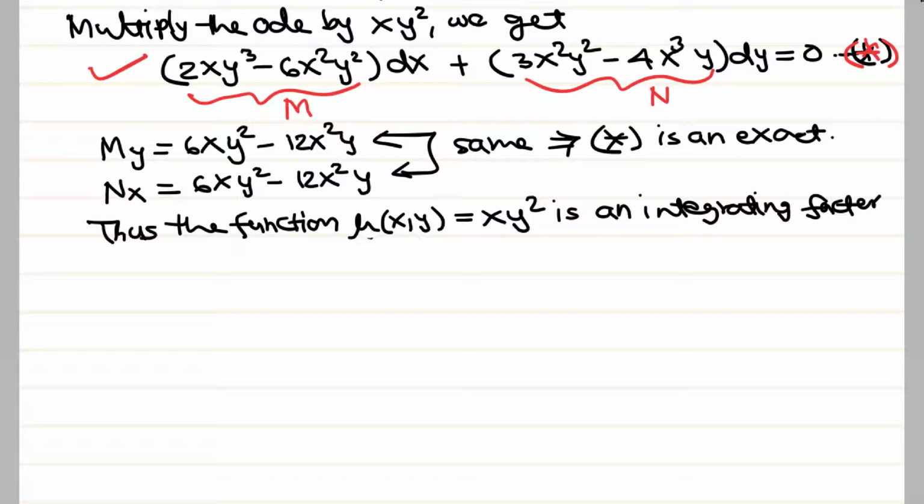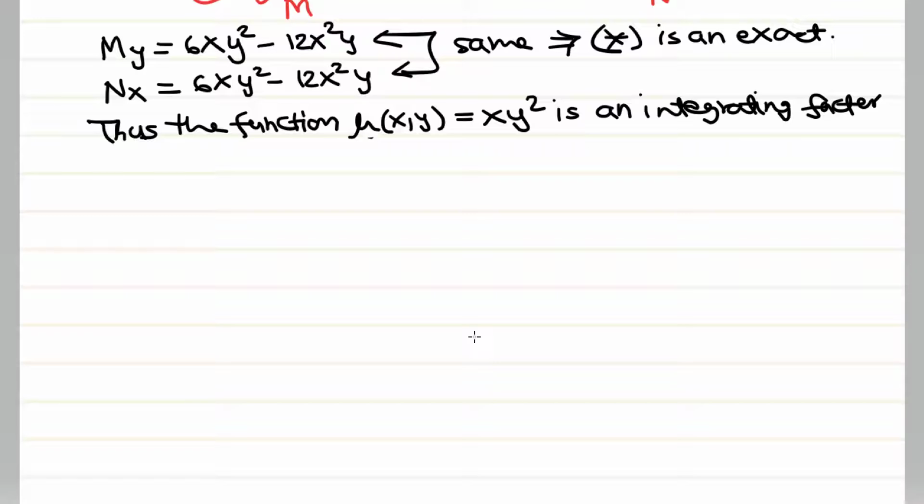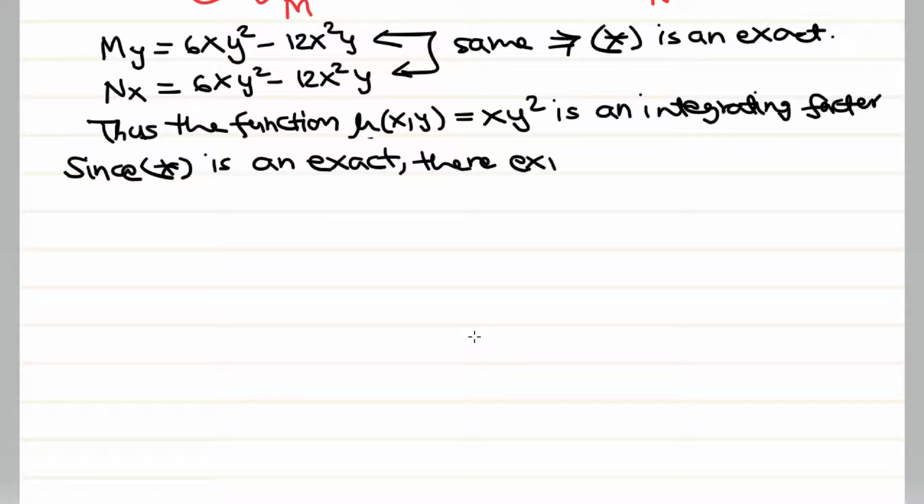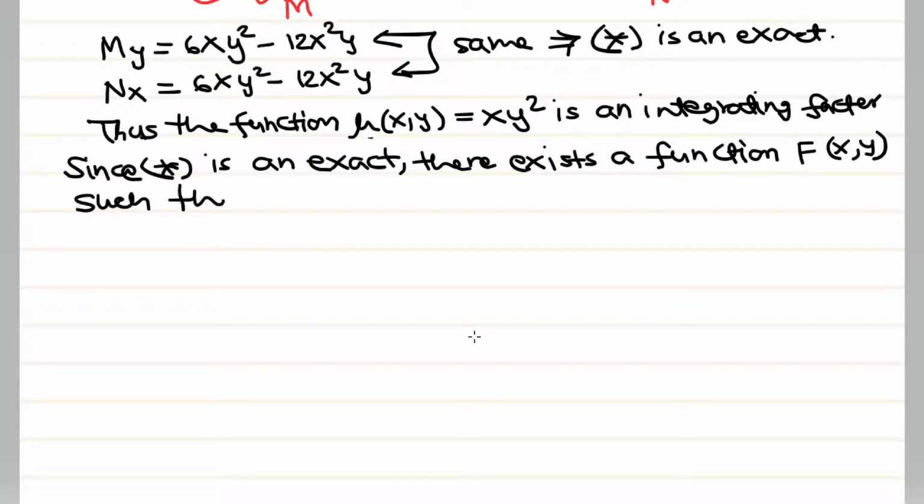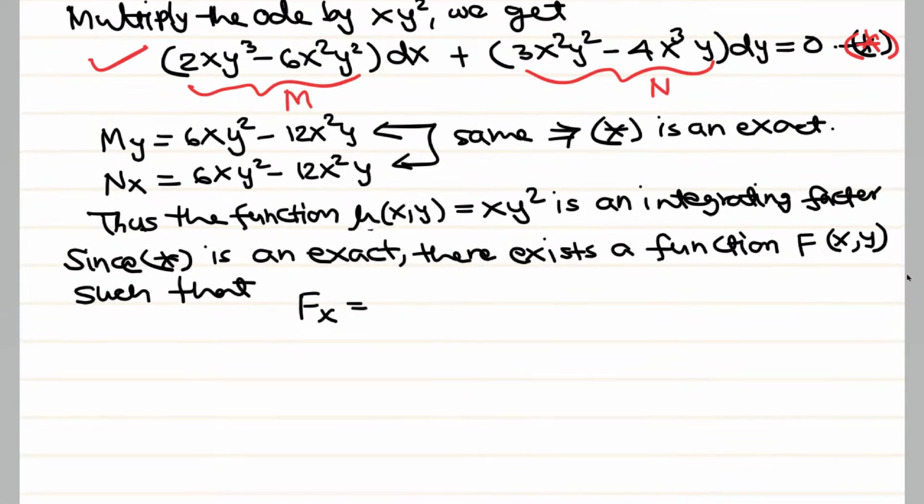And we know that when we have an exact ODE, then we can find a function F. Since the ODE star is exact, we can find a function, let's say uppercase F as a function of x and y, such that when we find the partial derivative with respect to x, we get M back, which is 2xy cubed minus 6x squared y squared.